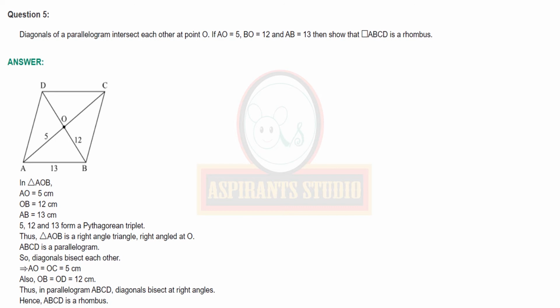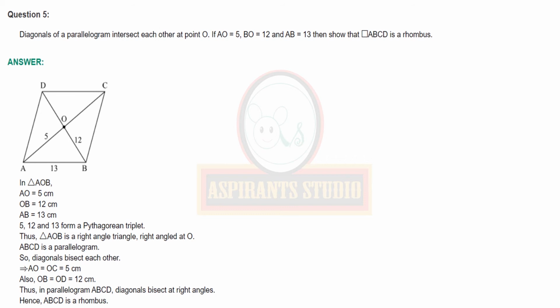Everything has to be marked on the figure. Now take triangle AOB. AO is equal to 5 cm, OB is equal to 12 cm and AB is equal to 13 cm. If centimeters are not given, don't write the centimeters everywhere. Don't write because it is not given. Only units are given.